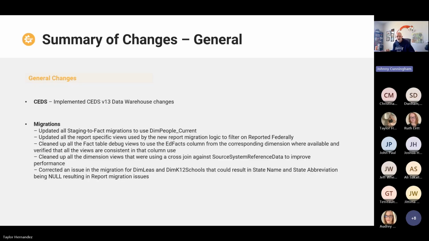The debug views. If you're familiar with these, we have debug views of the staging environment and the fact table environment so that as you migrate data, let's say child count, as that data comes into staging, you can look at that view and it translates all of those codes back into English language readable values.